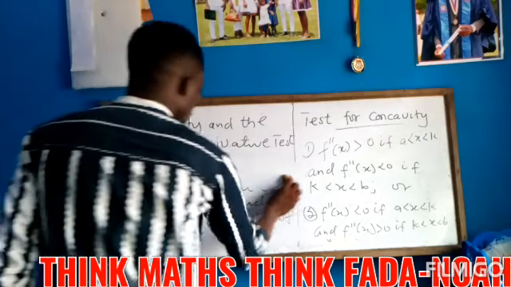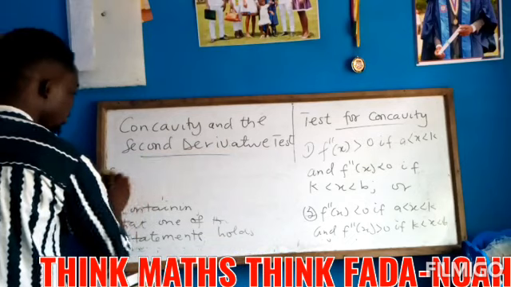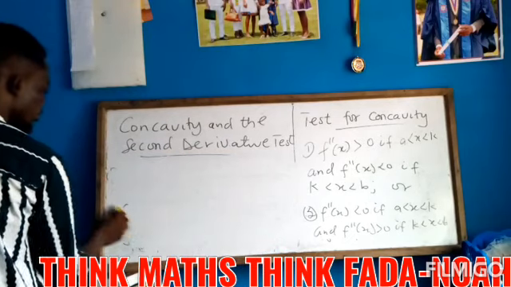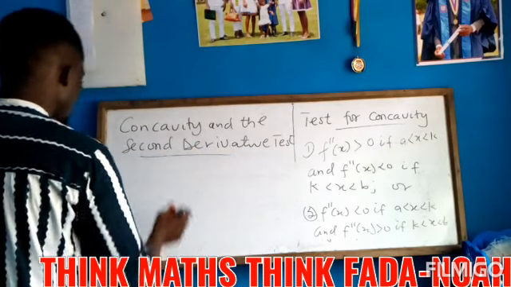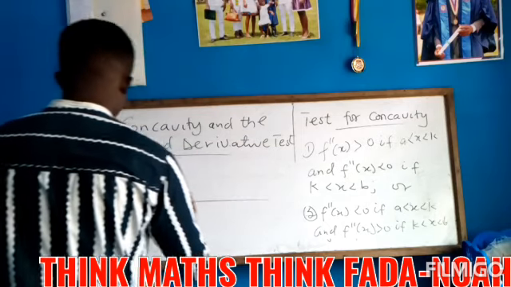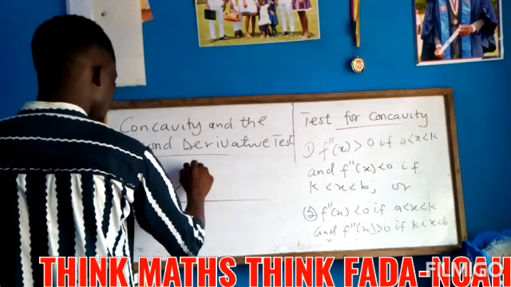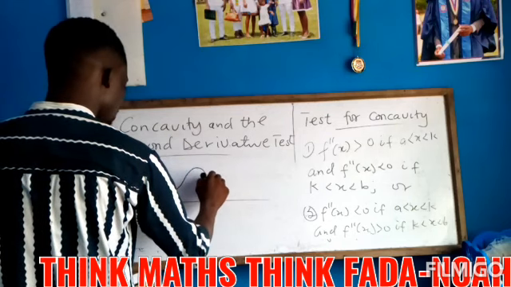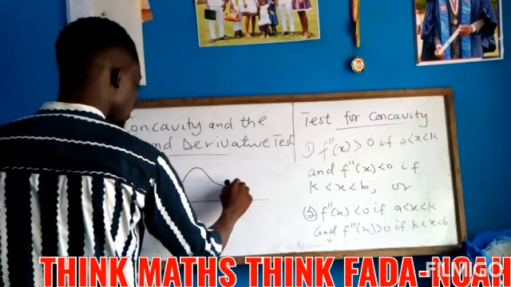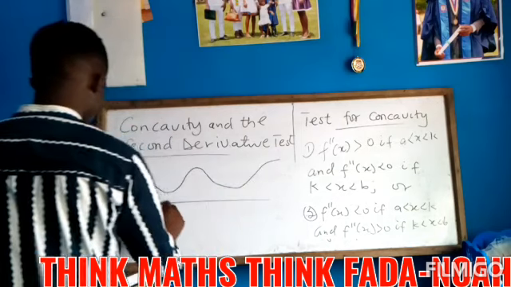Alright, so let's look at the diagram. So we have this, we have that, we have this, and we have that.